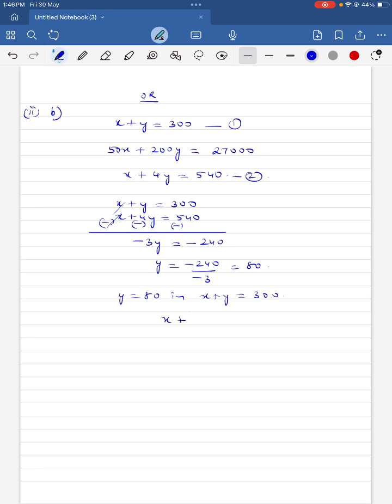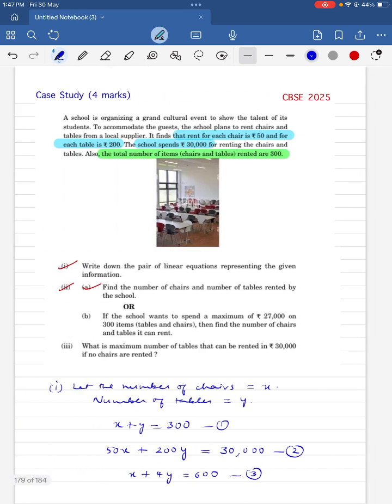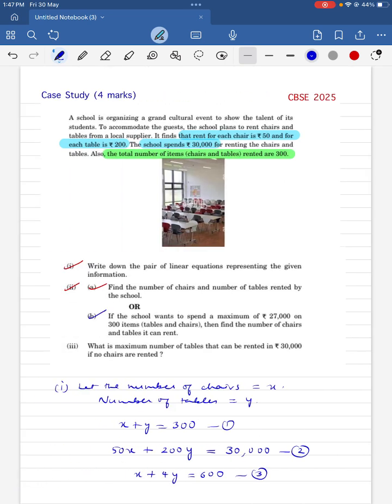So x plus 80 is equal to 300, or x will be 300 minus 80, which is equal to 220. Okay, so the number of tables and chairs that it can rent for 27,000 rupees is, number of chairs is 220 and number of tables is 80. Okay, so we've answered the B part also to the second question.